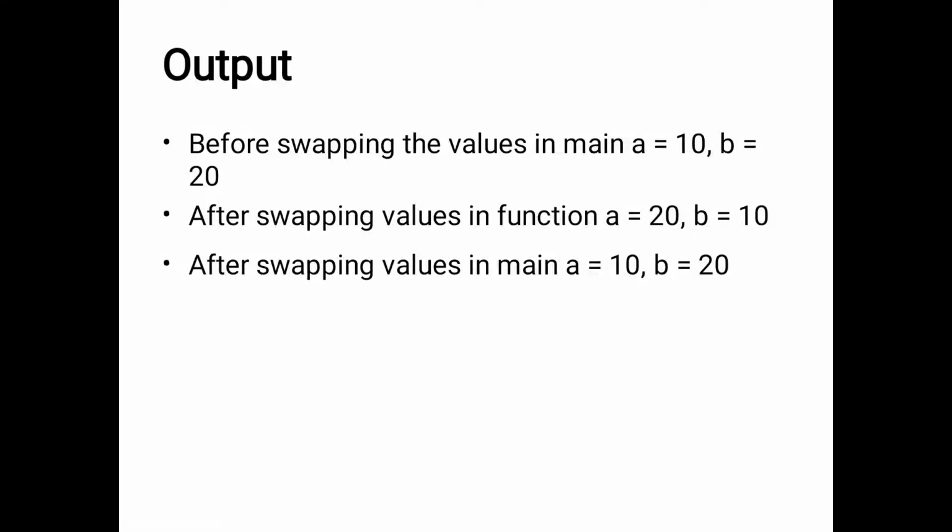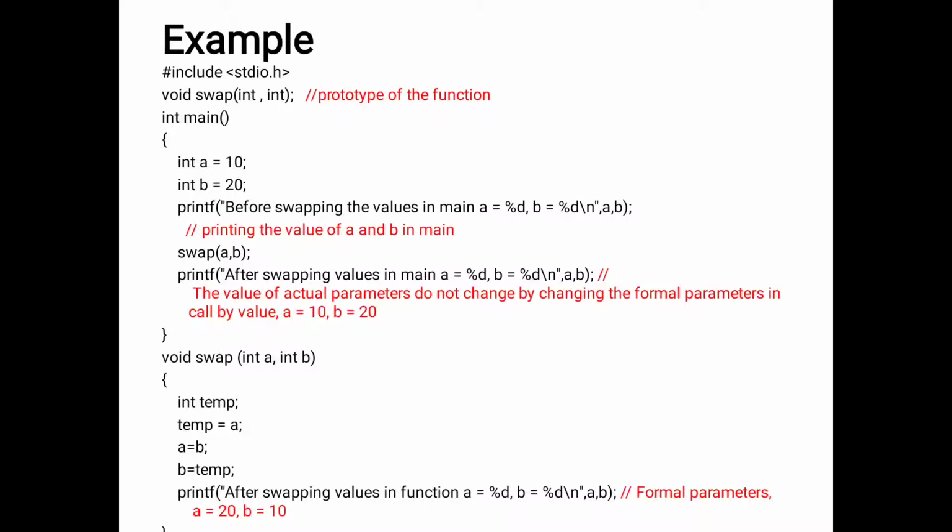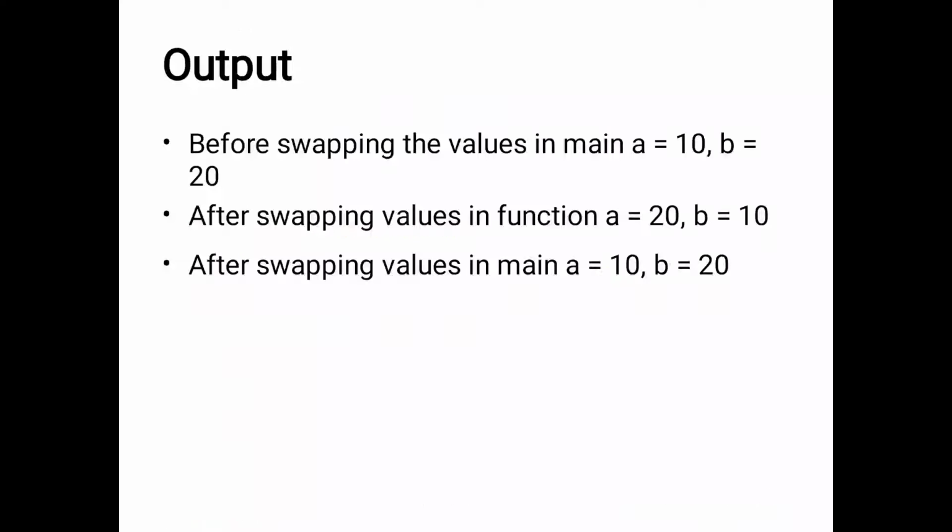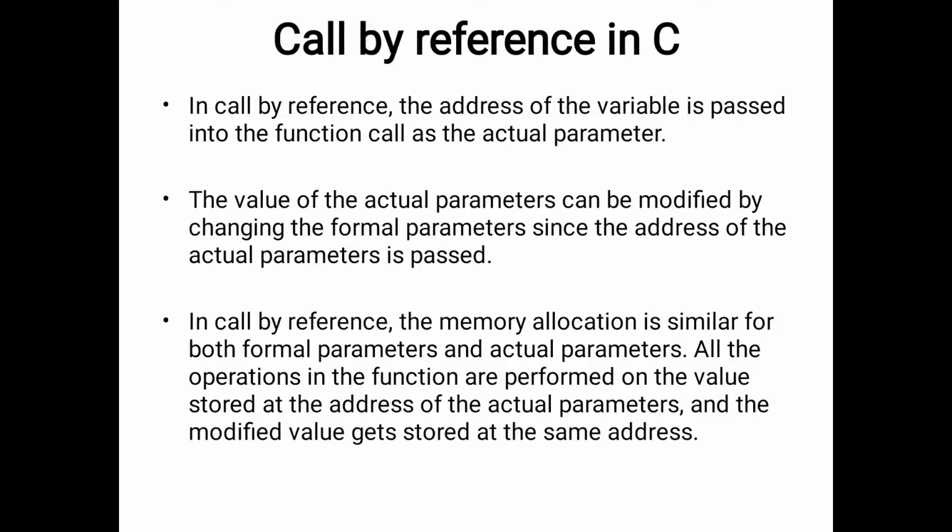After swapping the values in the function a is equal to 20, b is equal to 10. So after swapping, in main, a is obviously 10, b is 20, there is no change. Okay. So in the main function no changes happen. Here in the function the values change. So a is 20, b is 10. So in main function there is no change. A as it is 10, b as it is 20.